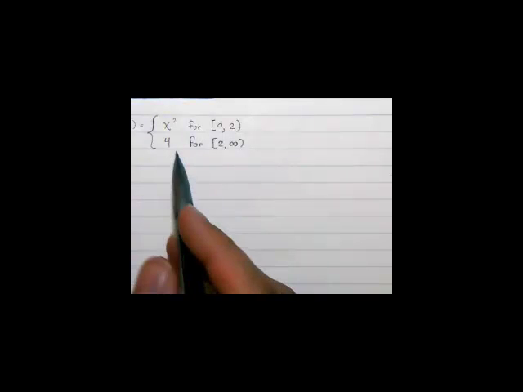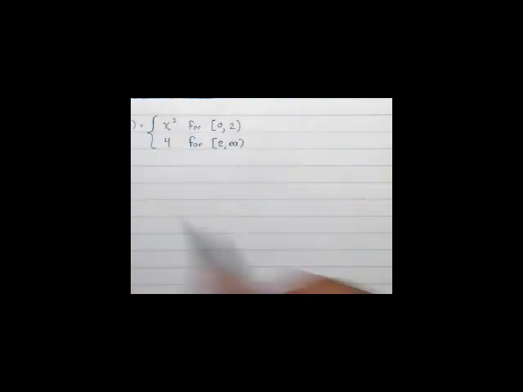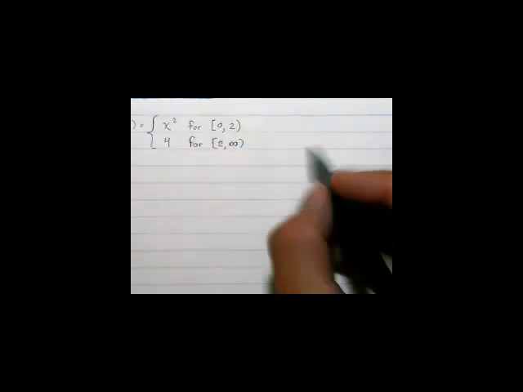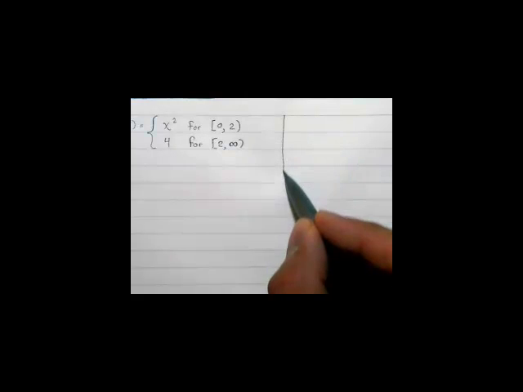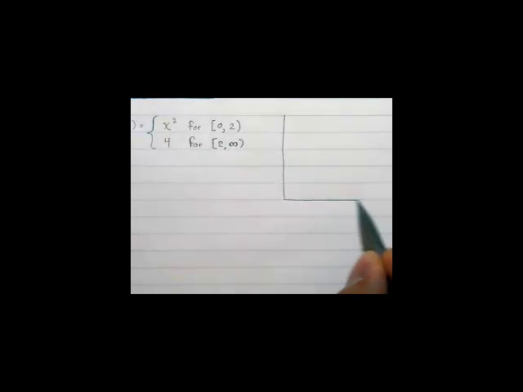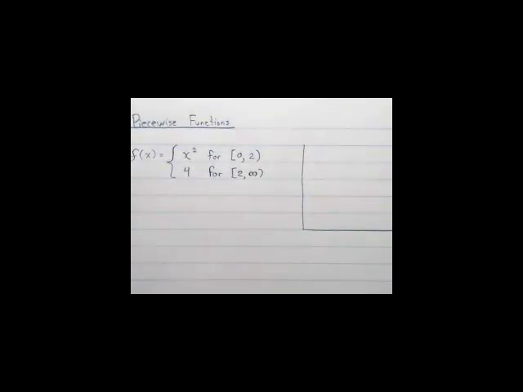Okay, to graph this, the 2 functions that are inside of this are fairly straightforward. And we're only starting at 0, so this is actually all contained within the first. Okay, so from 0 to 2, it's going to look like a parabola. Well, when that parabola gets to 2, what value does it have?